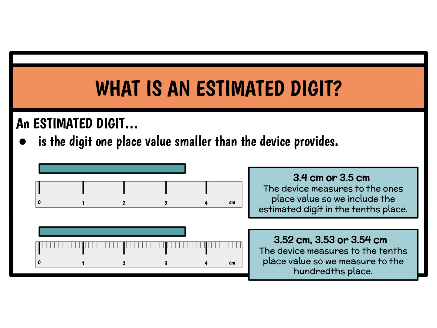Either one of these measurements is better than saying 3 or saying 4. Because does this teal string stop at 3? Nope. Does it make it all the way to 4? No. So by using our estimated digit, one place value smaller than the ones place, the tenths place, our measurement becomes more accurate, but it also becomes more precise.